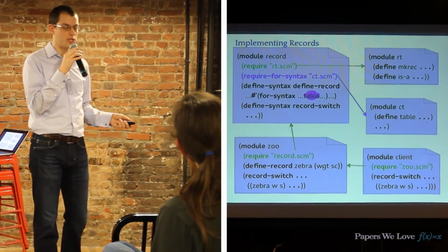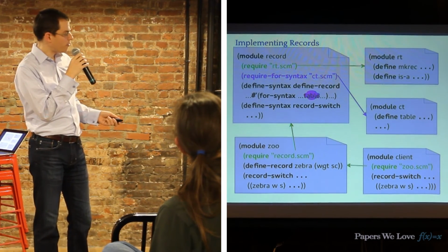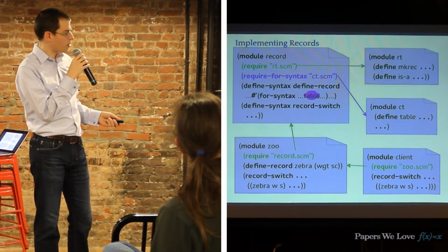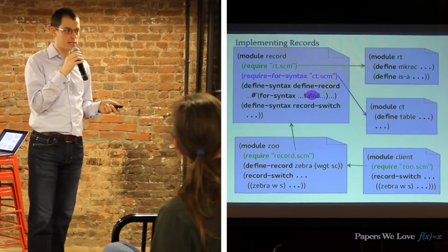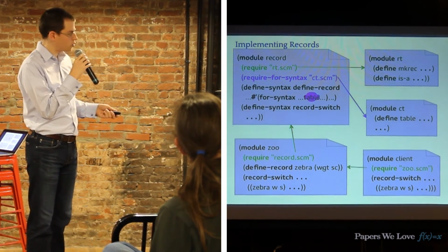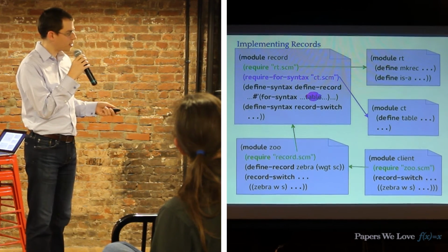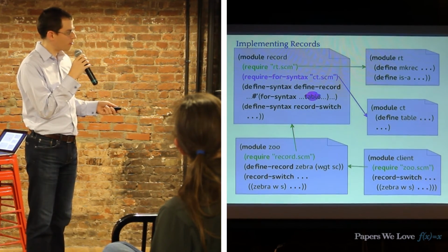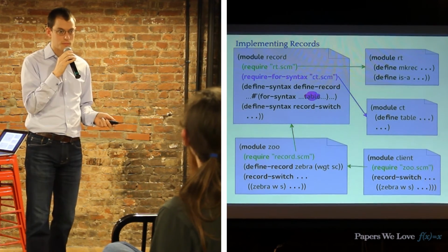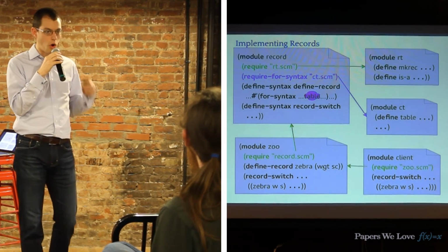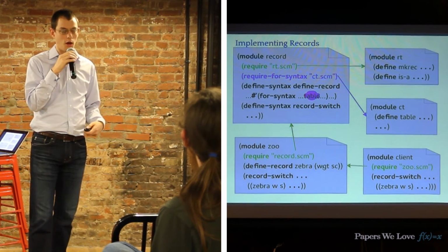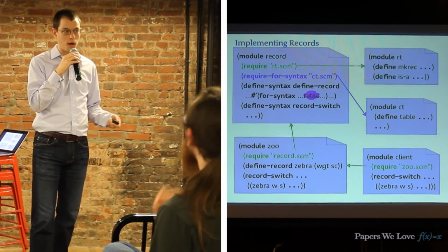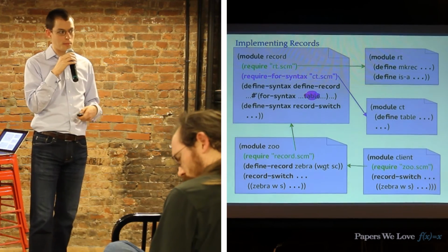We want that to still work even when the define record form and the record switch form are in different modules. But the problem then is that the expansion of zoo and the expansion of client get different copies of this CT module. Why? Because we always want to create fresh instances of our shared modules at each compile time.